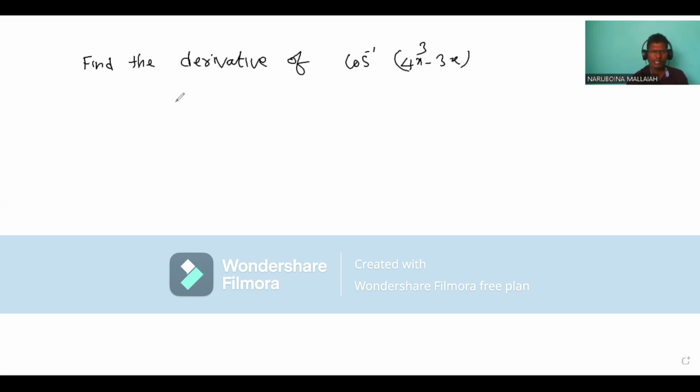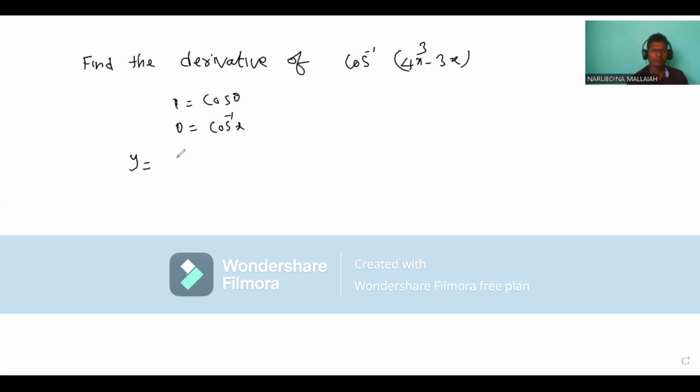So take x is equal to cos theta. From this, theta is equal to cos inverse x. Now substitute cos theta in the place of x.